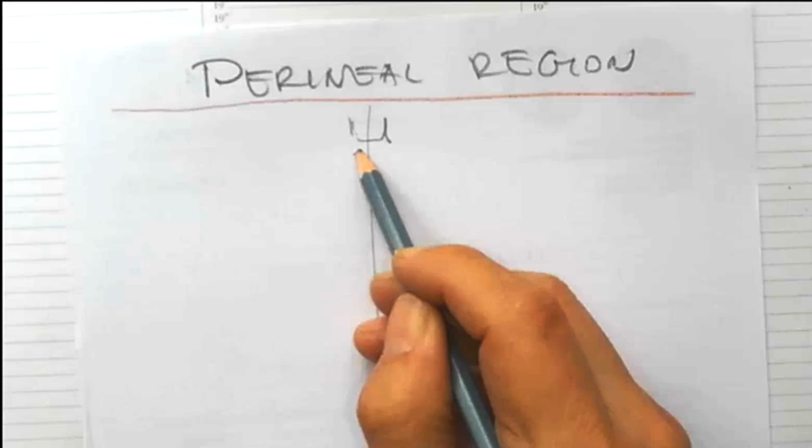This is the coccyx. Here is the anus and rectum. At the center lies the central tendon. Anteriorly lies the pubic symphysis, then the tubera ischiadica, and of course the bones, then the tip of the coccyx.